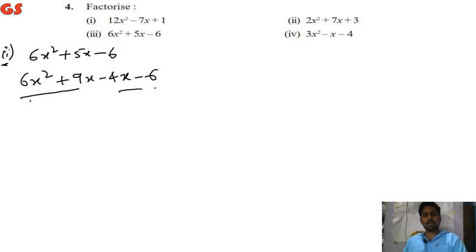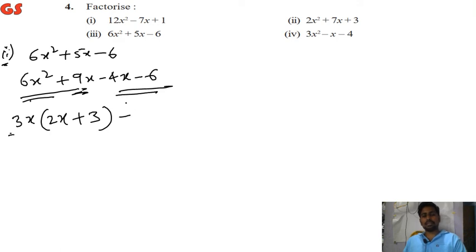Now you take the common terms in both. Here you are getting 3 as common and x as common, so the remaining is 2x. Then plus 9x is here, so 3 3s are 9, 3x into 3 is 9x, so you are getting 9x.